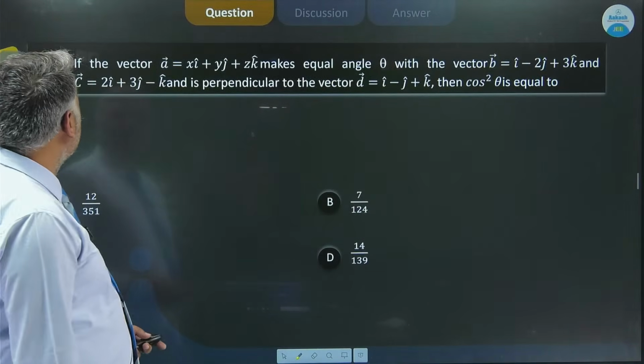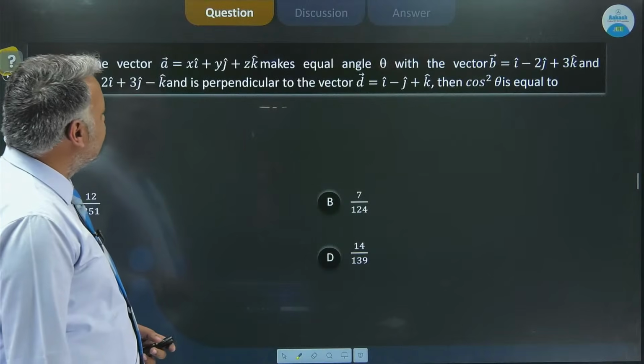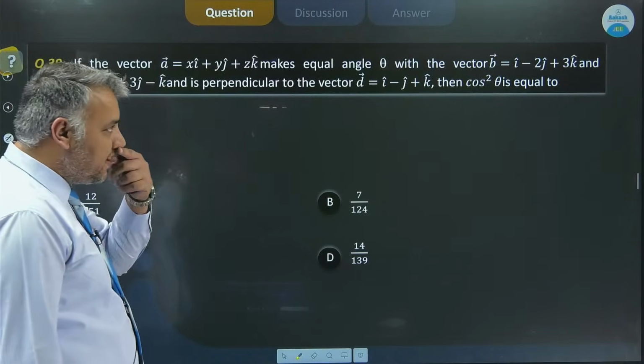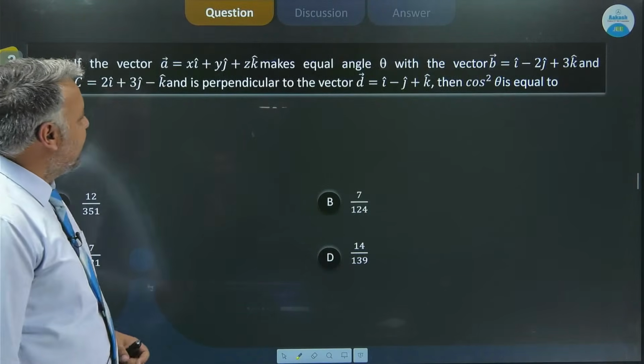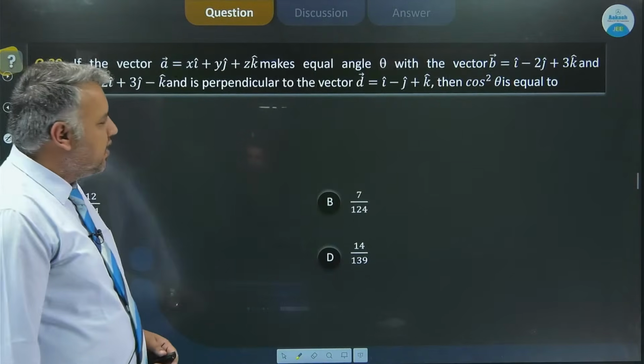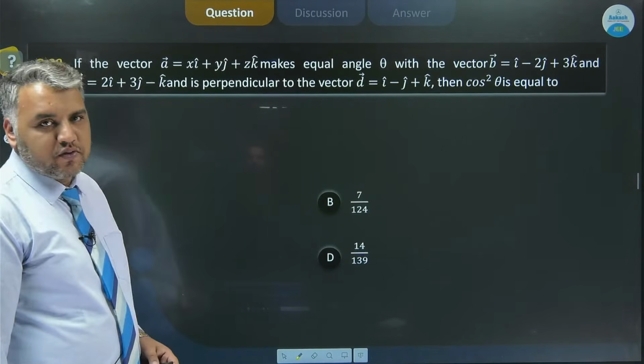Now the first question is, if the vector A, which is this, makes equal angle theta with the vectors B and C, and is perpendicular to a given vector D, then we have to find the value of cos square theta.